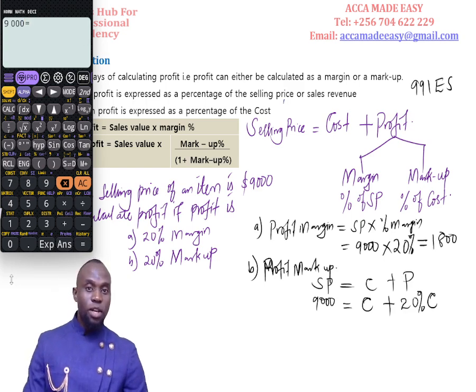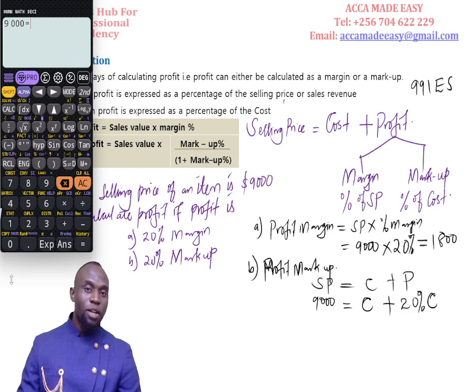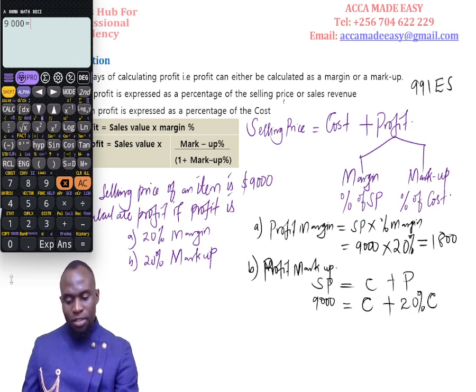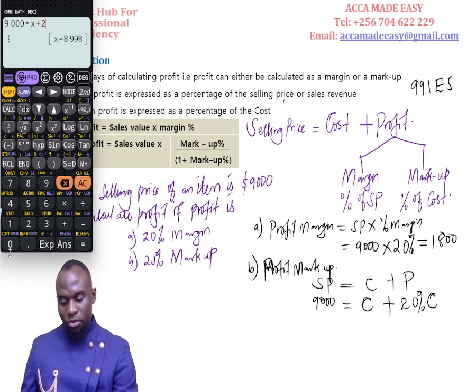Alpha puts whatever is in purple, then shift puts whatever is in orange. Now I have to put C. This calculator has X instead of C. I'll put alpha, then X, then closing bracket, then I have to add on 20%. So I do 20, shift, percent, opening bracket, then I put my alpha X.